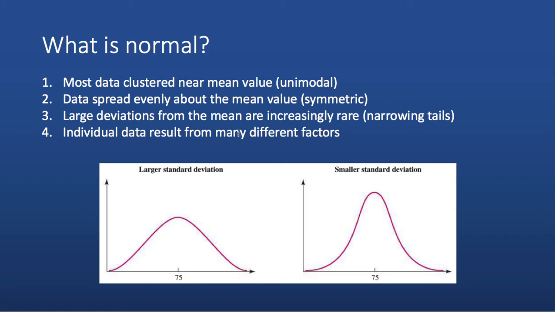Now, not every normal distribution looks exactly the same, but they have these same features. An important parameter of the normal distribution is the standard deviation. And so we'll start to think about this at the end of this lecture. For now, larger standard deviation means a wider and shorter distribution. Smaller standard deviation means taller and narrower.